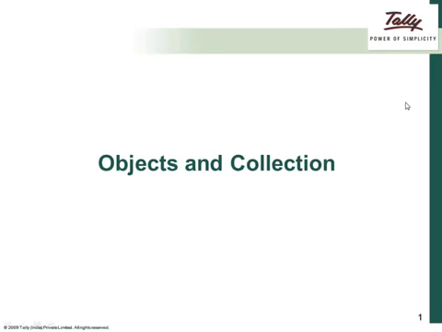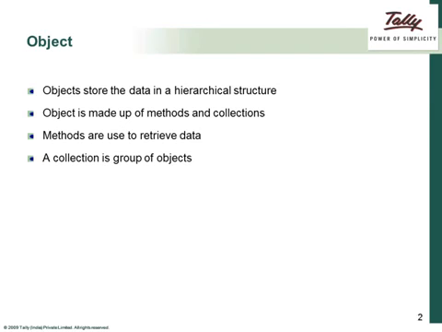Right? Yeah. So very important thing, objects and collection. What's an object? Here we are talking about a generic object of Tally. Now this object refers to the database of Tally.